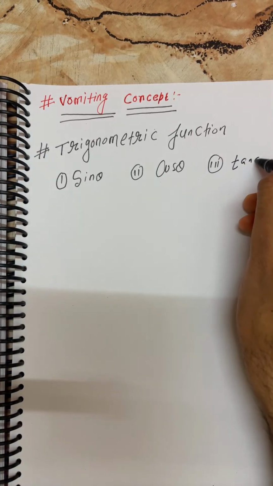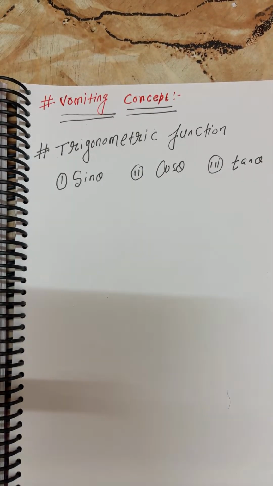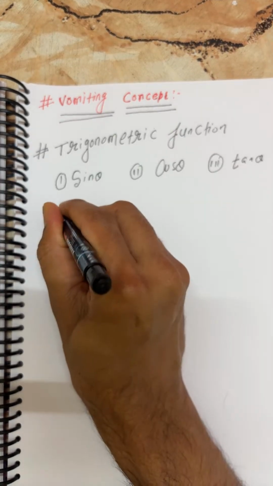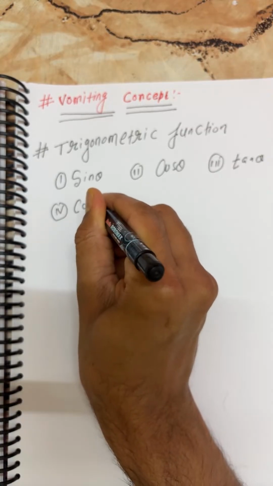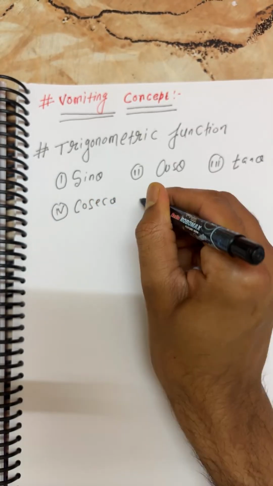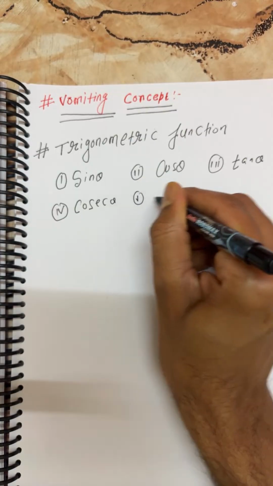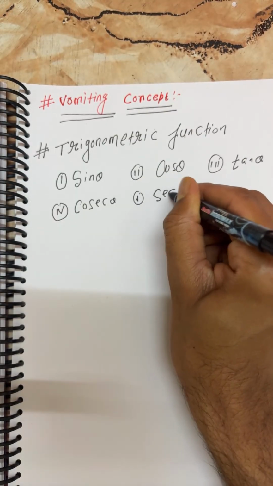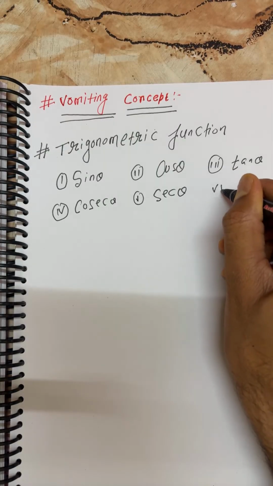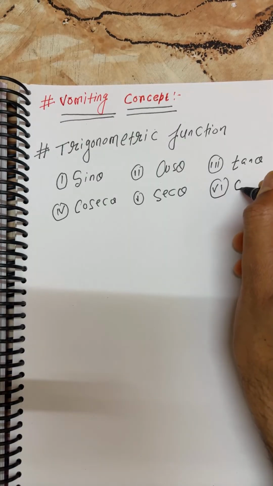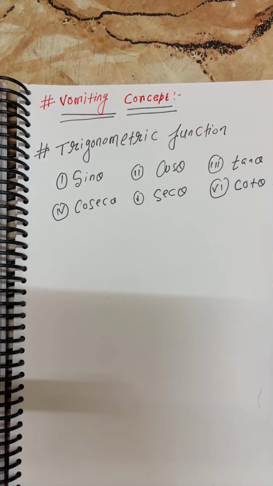Third, tan theta. Fourth, cosec theta. Fifth, secant theta. And last, which is the sixth one, cot theta.